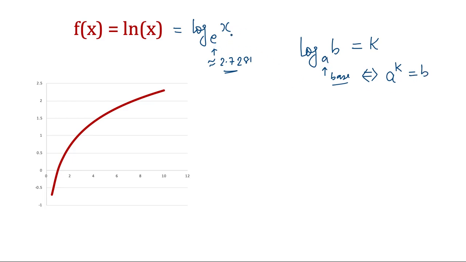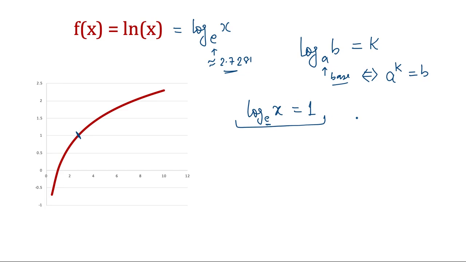Similarly here, log_e x. So let's see in the graph where it is 1. You see that it's 1 here at this value. So I want, for what value of x, this will be 1. So this whole term is equivalent to, whatever is k on the right hand side, raise that to the power of the base.